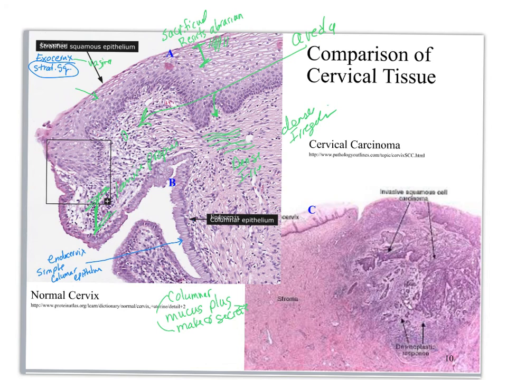And we want the dense irregular because it resists tension in multiple directions. All right, and if you imagine someone giving birth, it needs to resist tension in multiple directions.